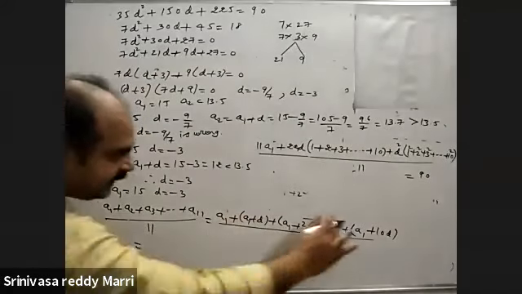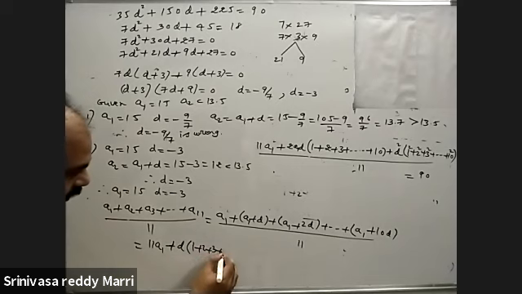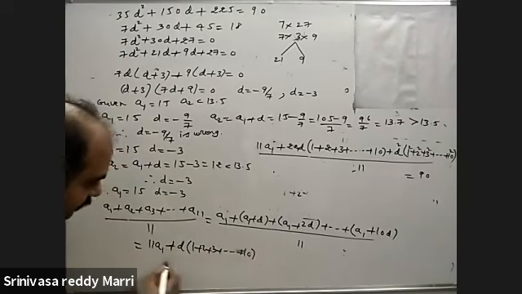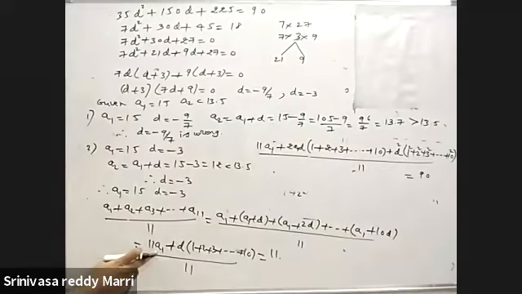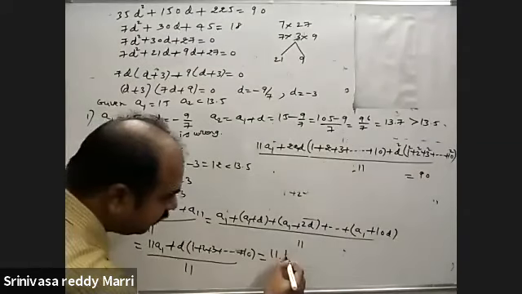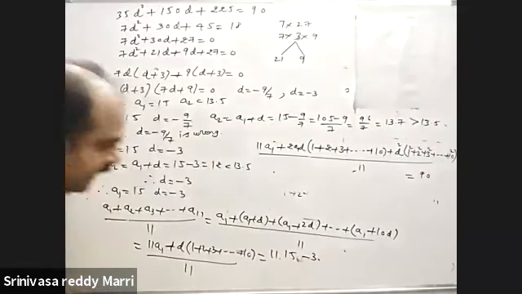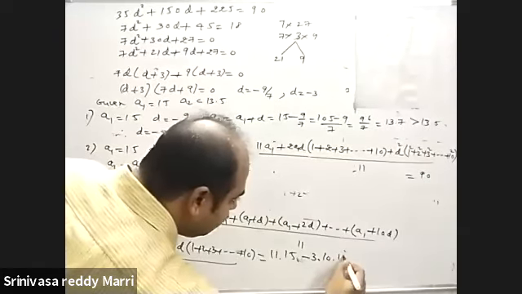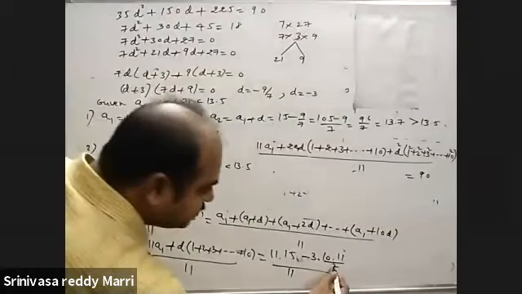So therefore, how many A1s are there? 11 A1 plus D into, taking common, 1 plus 2 plus 3 and so on 10, divided by 11. Therefore, 11 into 15 plus D means -3 into 1 plus 2 plus 3 and so on n, n into n plus 1 divided by 2, divided by 11. Therefore, this is what?